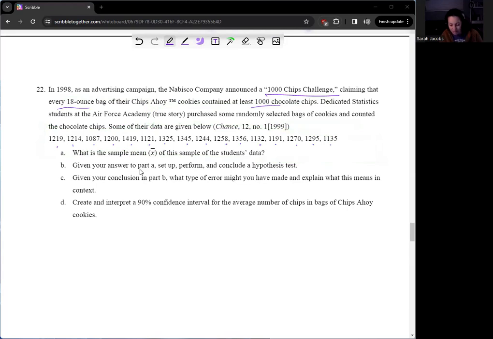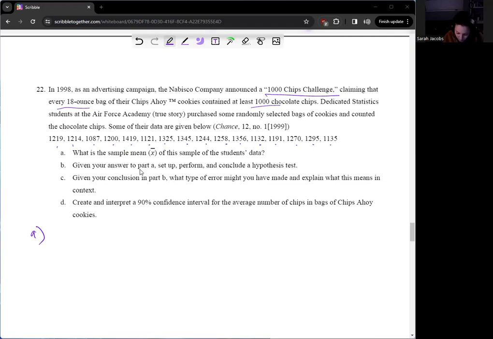Okay. What is the sample mean, X bar, of this sample of the students' data? I'm going to pop this in my list. So I'm going to go to edit list, and I'm going to put this in carefully. I have been known to make mistakes typing stuff into my calculator. Oh, 58, 1356, 1132, 1191, 1270, 1295.